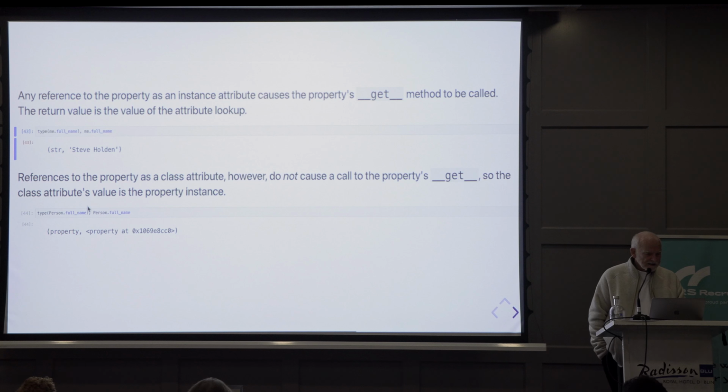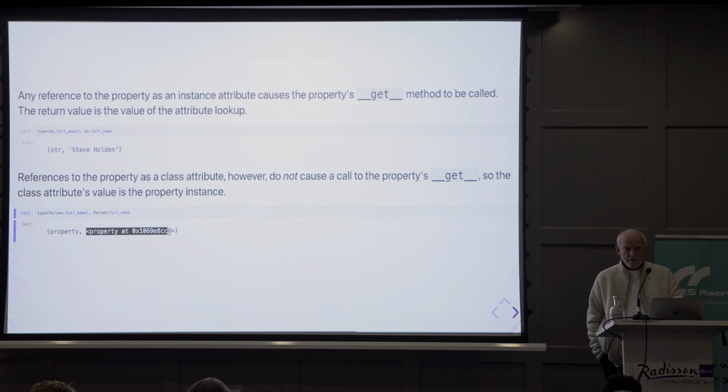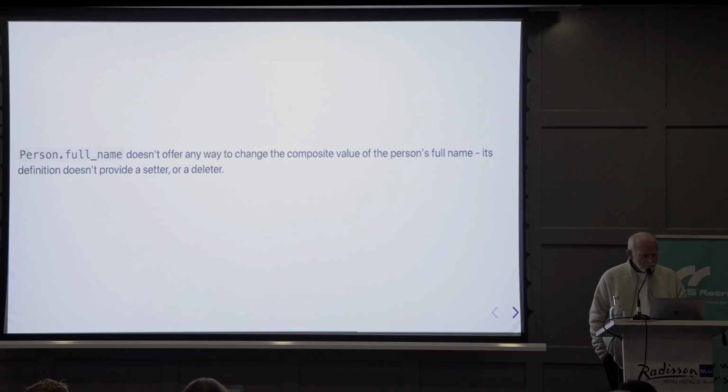So if I access the person.fullName from the class, then it just says it's a particular property at a particular address. So remember, this mechanism only occurs when you're referencing instance attributes. So person full name doesn't allow us to change the value of the full name because there's no setter and there's no deleter. It's simply a read-only computed attribute.